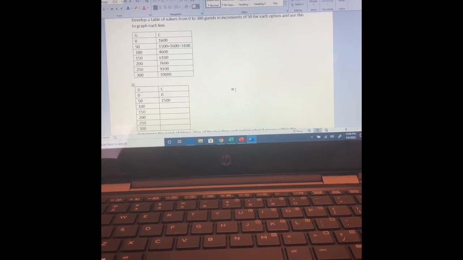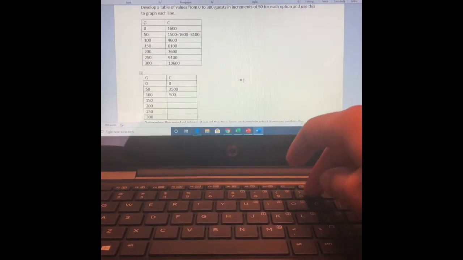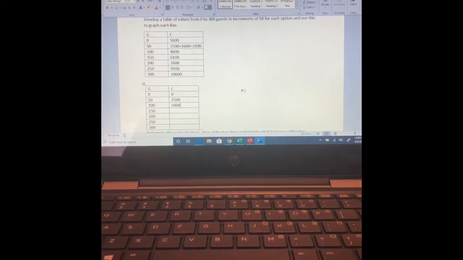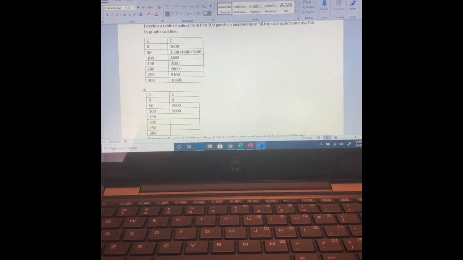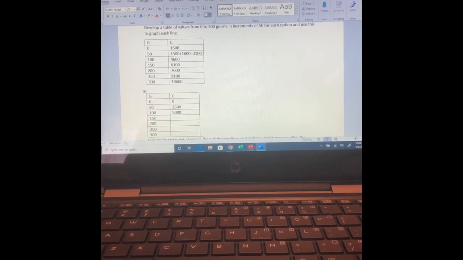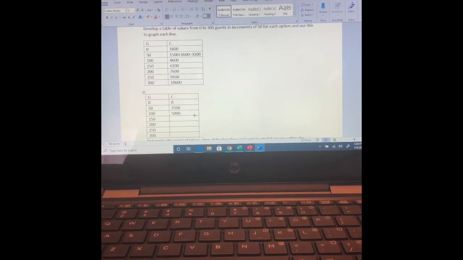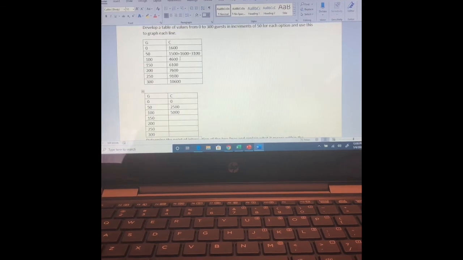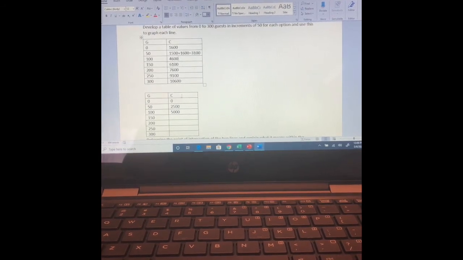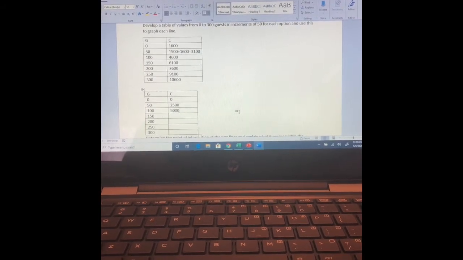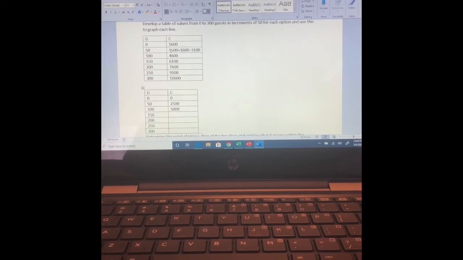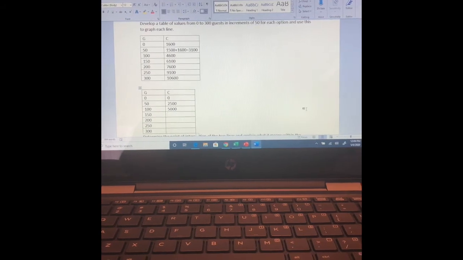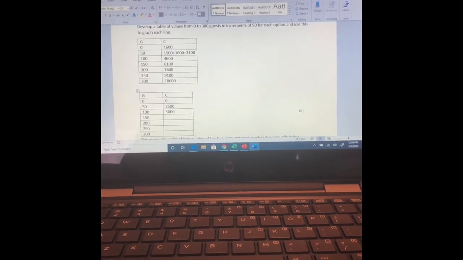Now, what about 100 guests times 50? Well, 50 times 100 is 5,000. 100 guests, 4,600. 100 guests, 5,000. Now, at this point, it is actually cheaper to go with the golf course. Let's just finish this up.